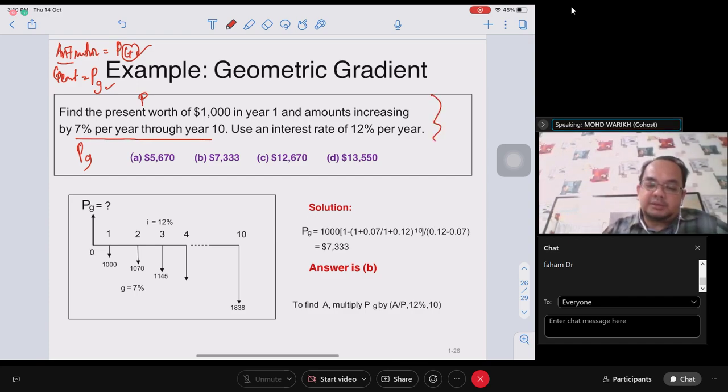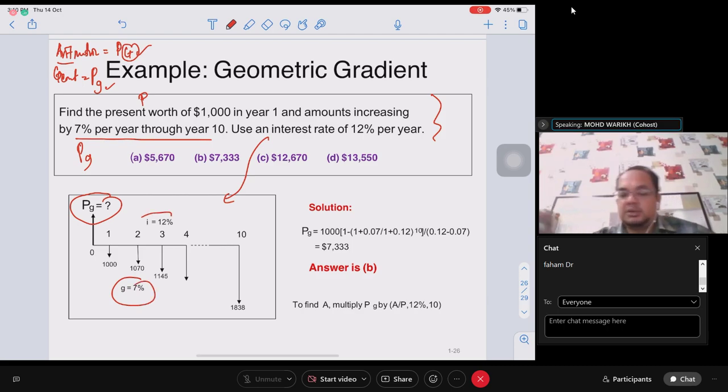Problem. Okay, try to make a cash flow diagram. So that means you have to find the P_g. The gradient is 7%, and i is 12%. So you use the formula.